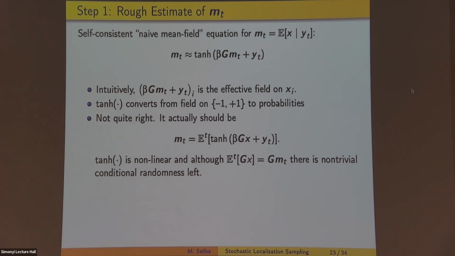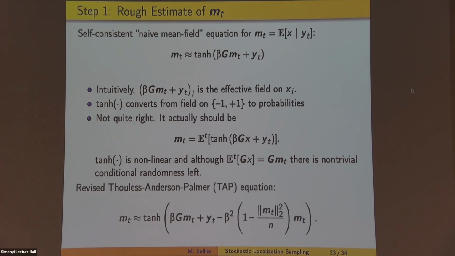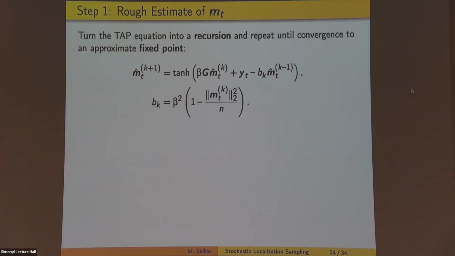You can just imagine you Taylor expand hyperbolic tangent and make some guesses for what terms to keep, and you'll get the TAP equation where there's kind of a similar flavor, but there's a correction term. Okay, and once you have this TAP equation, there's a way to solve it as an algorithm where you turn it into a recursion and you just iterate until you get to a fixed point.